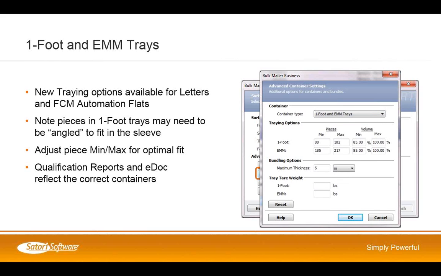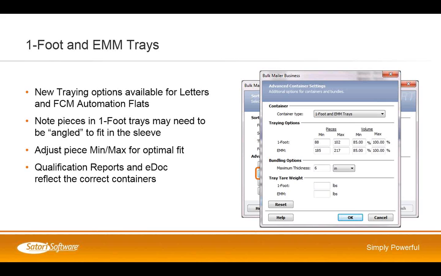There's one thing to note with this. Because your pieces are going to be slightly taller than what could fit completely vertical inside of a 1 foot tray, you will probably need to angle your pieces back. You're not going to be able to go completely vertical. You might have to angle them back just a little bit to make them fit. So we allow you to play with the minimum and maximum settings here to make sure that all the mail pieces in that tray are going to fit.